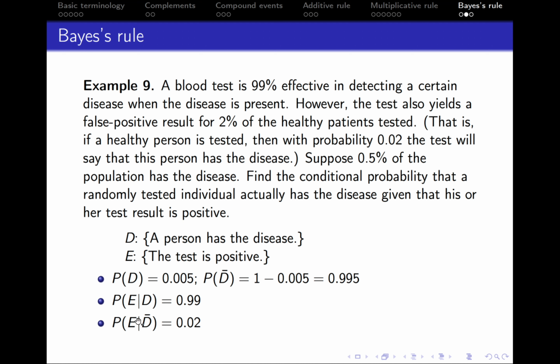And we also know another conditional probability, of a test being positive given that a person does not have the disease, so when the test makes a mistake. We know this from the second sentence: a false positive result for 2% of the healthy patients tested. So a person is healthy, but the test is positive. The probability is 2% or 0.02.